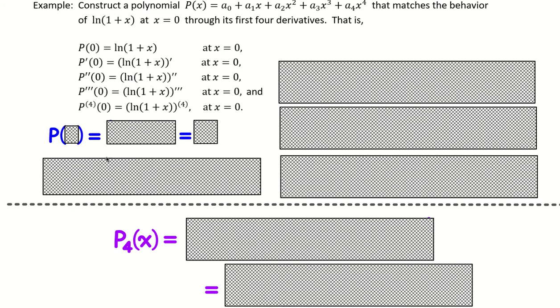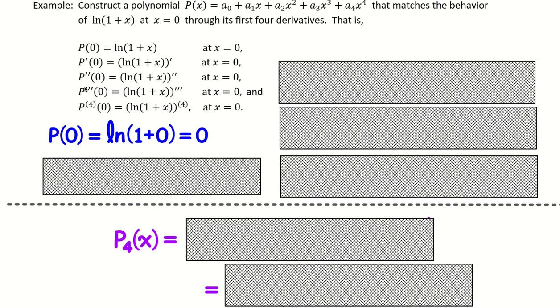So the first thing we're going to do is p of 0, and that's going to equal the function when we plug in 0. So we're just plugging in 0 to the original function. The natural log of 1 plus 0 is just the natural log of 1, which is equal to 0.